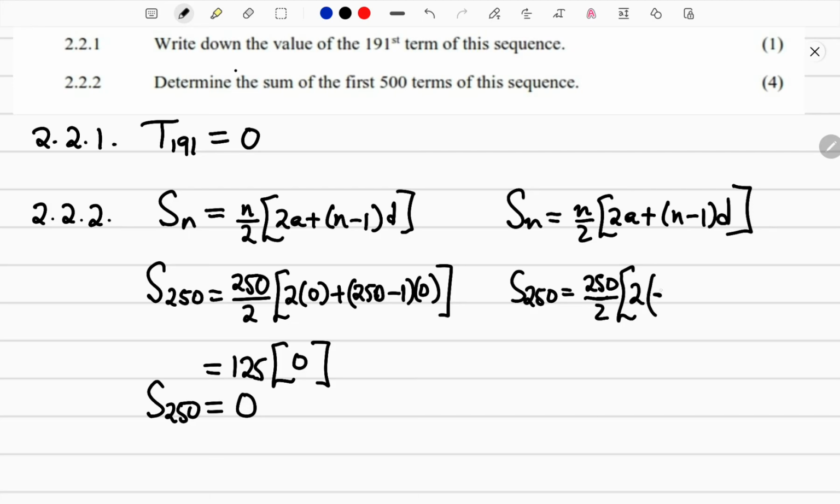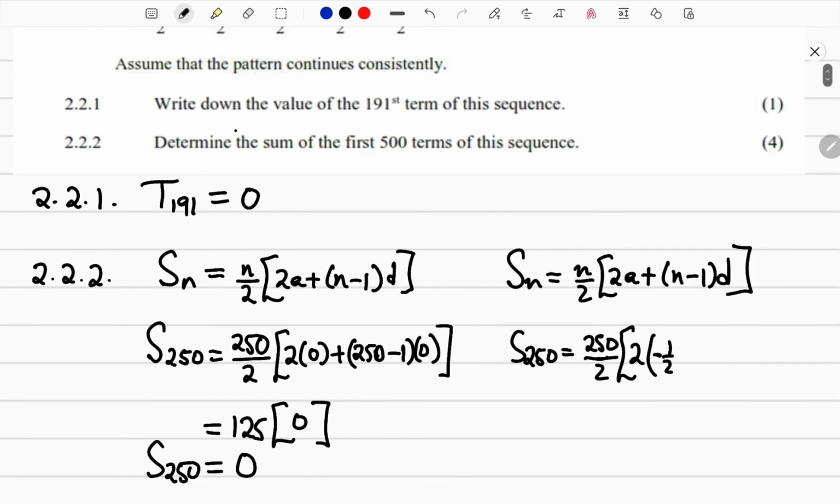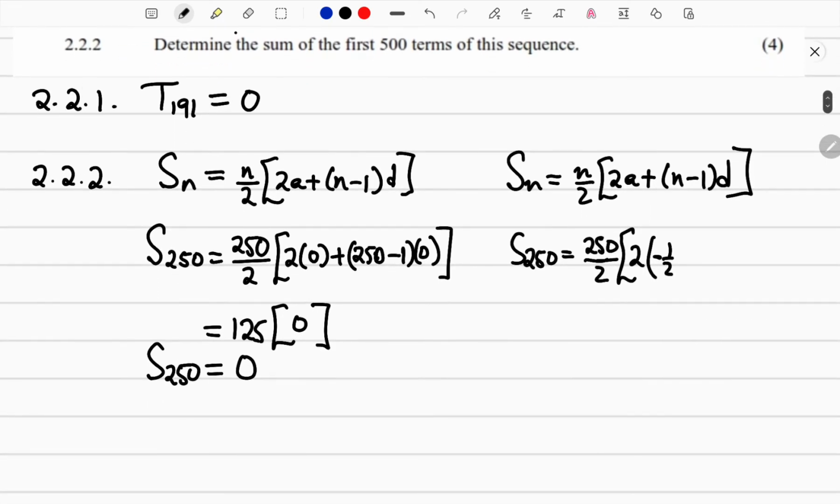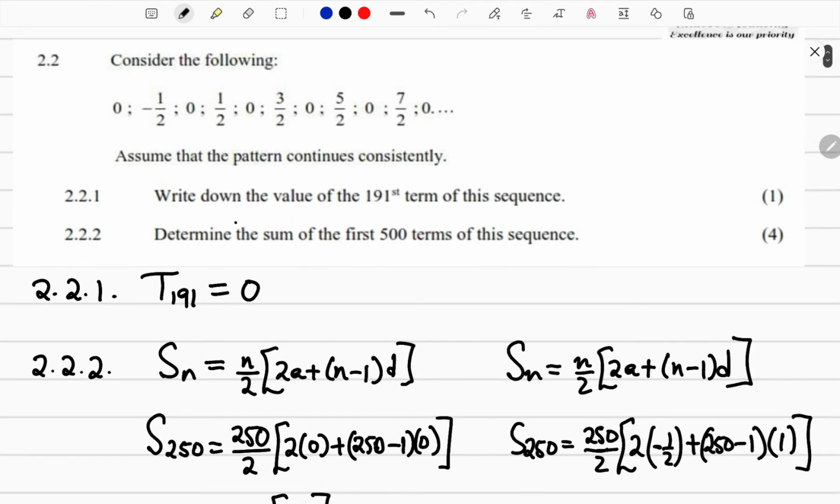It's negative half, plus 250 minus 1. D there is 1. D is 1 because half minus negative half will be 1. It's the same as half plus half, right? Or 5 over 2 minus 3 over 2, the answer will be 1. So D is 1.